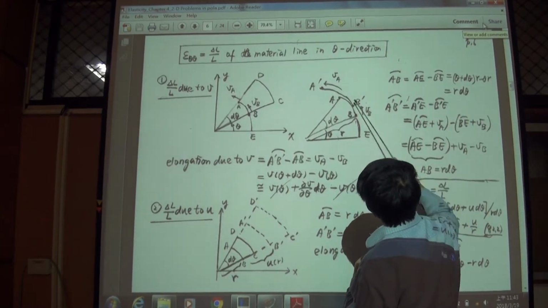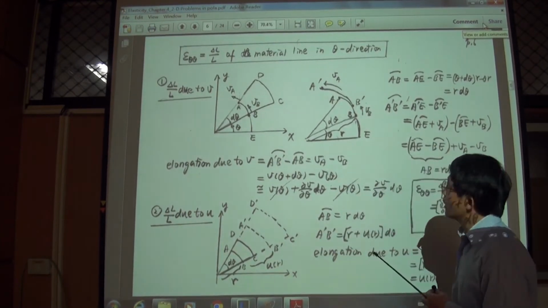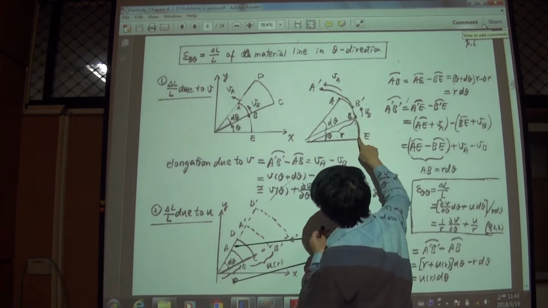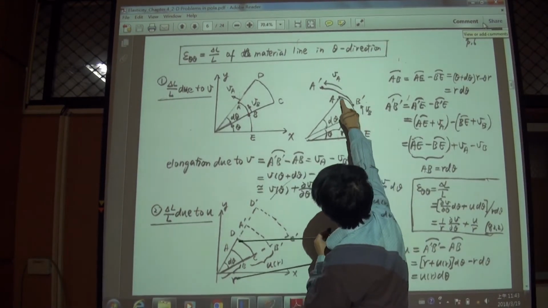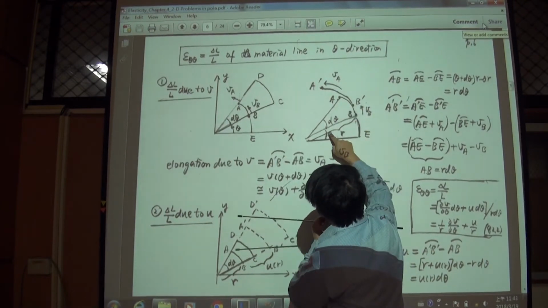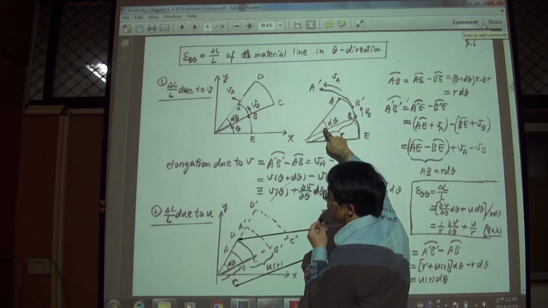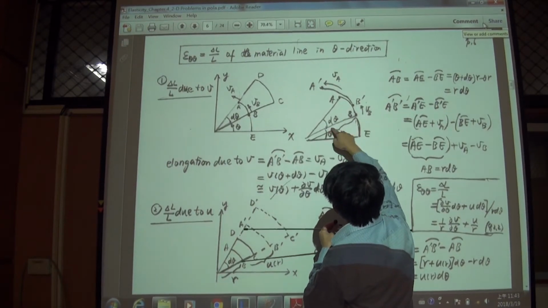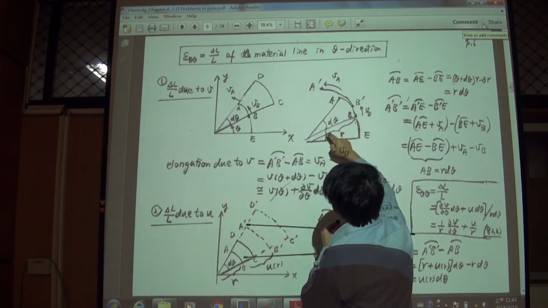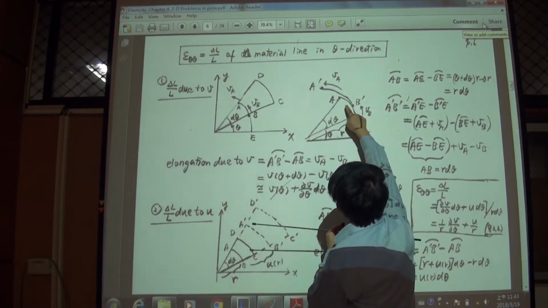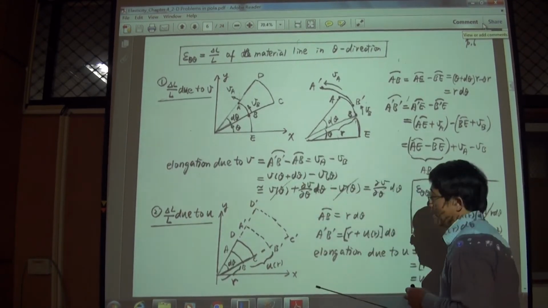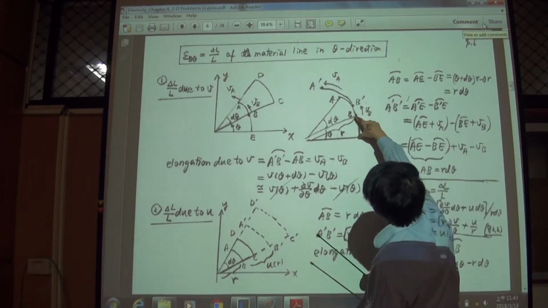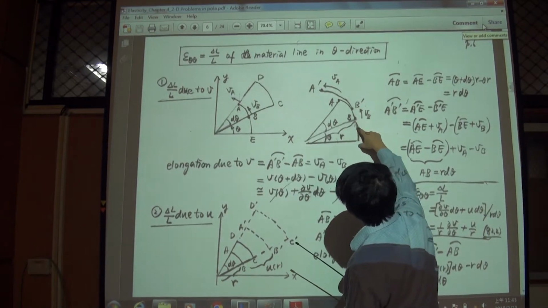So here we write it like this. What is AE? AE is the length of this large arc, equal to theta plus d theta, this big angle, times the radius R. And how about BE, the length here?